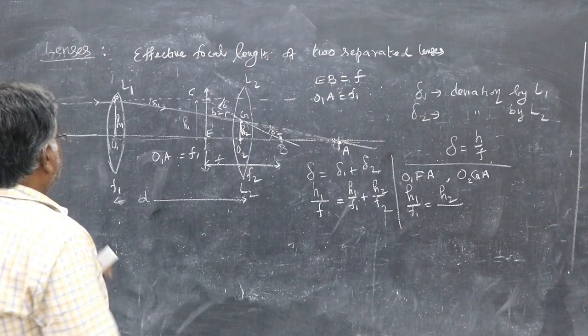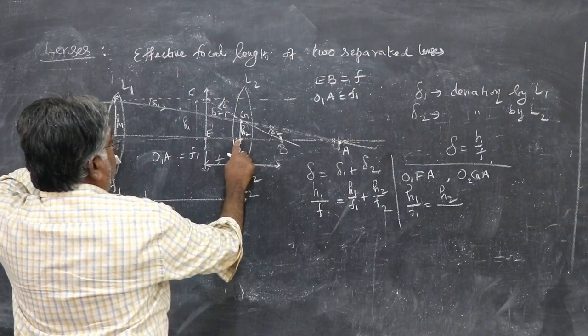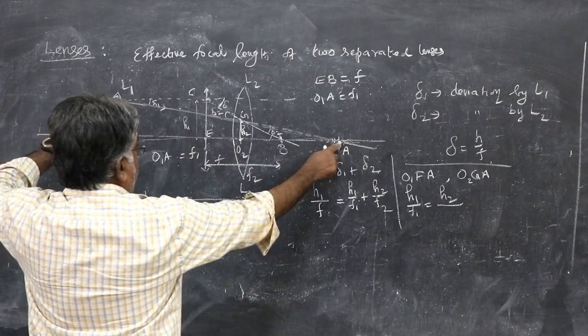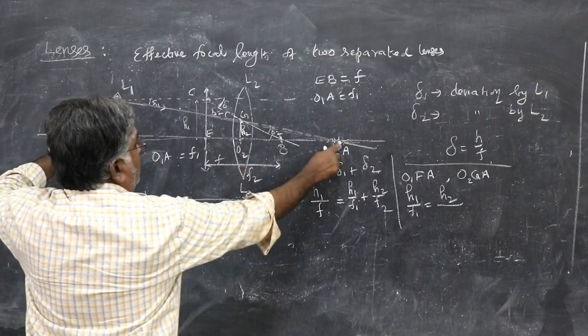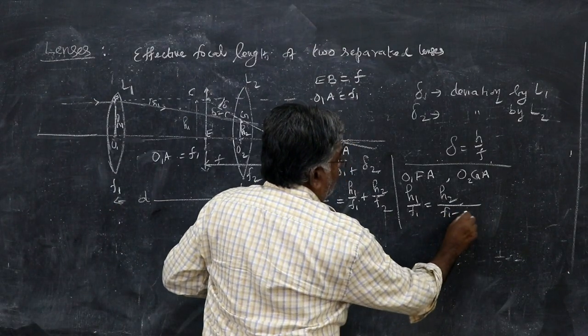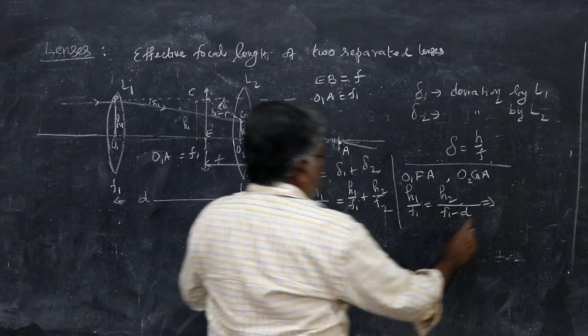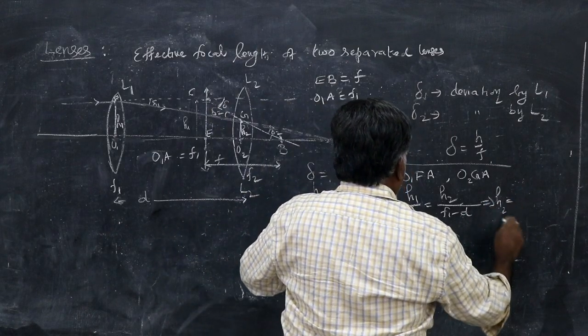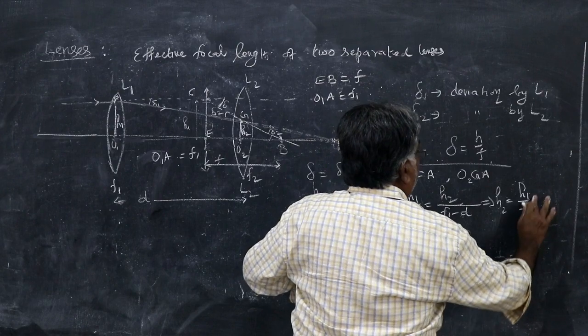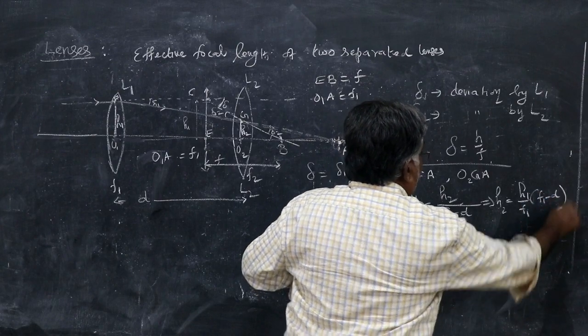But O2A is nothing but f1 minus d, because this distance is d. So this is f1 minus d, which gives you h2 is equal to h1 by f1 into f1 minus d.